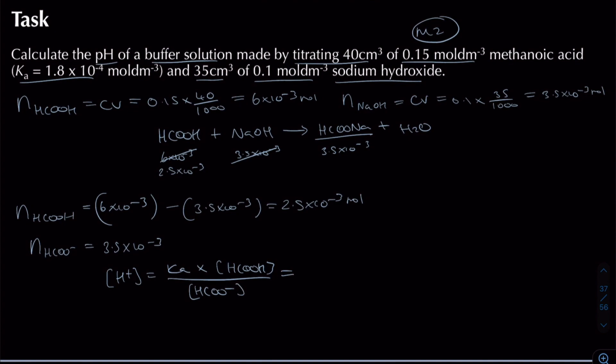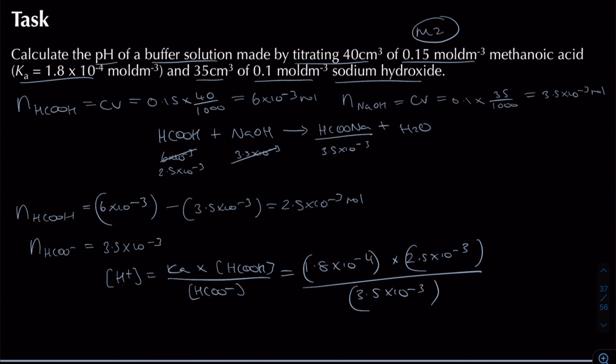If I sub in my numbers, again I'm going to use the number of moles, I end up with 1.8 times 10 to the power of minus 4, times a value of 2.5 times 10 to the power of minus 3, divided by a value of 3.5 times 10 to the power of minus 3.